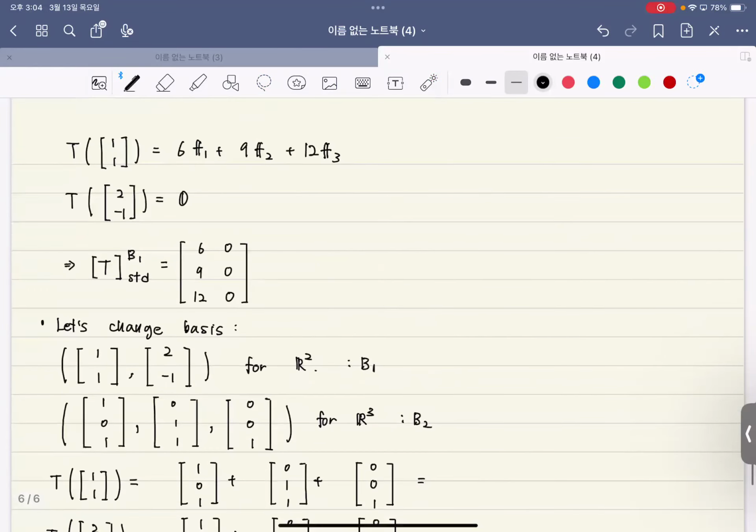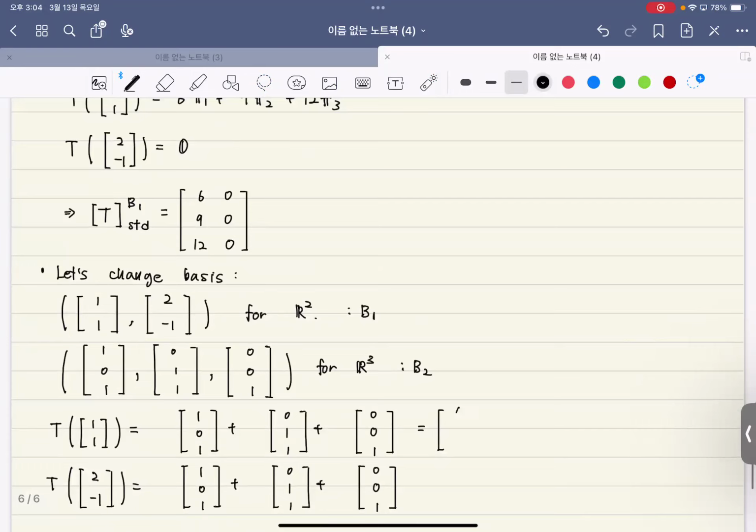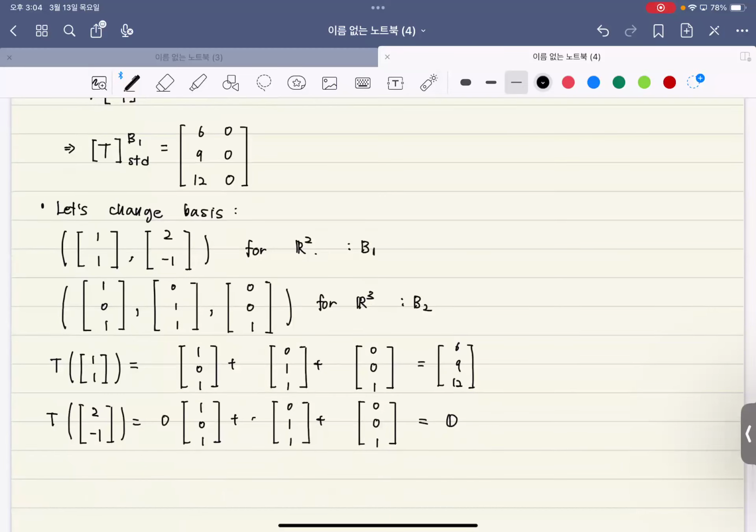This was 6, 9, 12. So 6, 9, 12. And this was the 0 vector. Oh, so I'm pretty sure that this guy equals 0. They are all equal to 0.